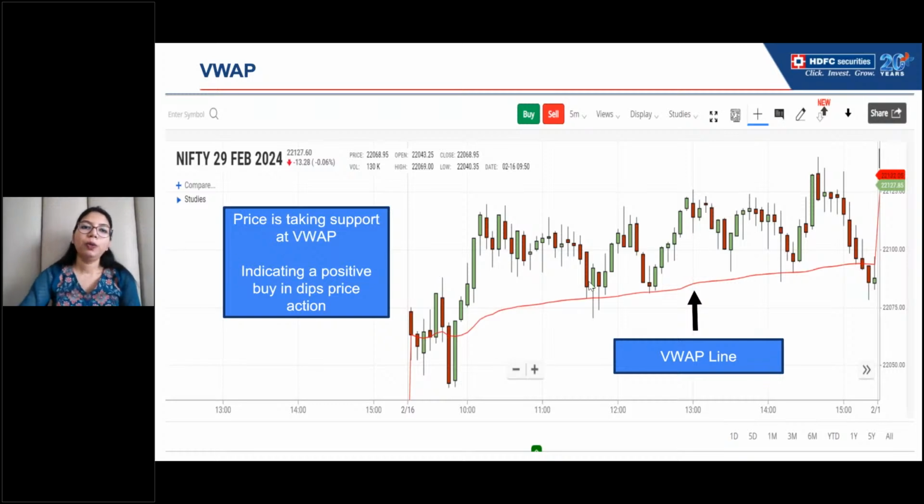ठीक है? So we have seen how to read the volume. We saw how to take the trend confirmation with the help of the volume. We saw how do we find the bullish momentum, how do we find the bearish momentum, how do we find if the price can take the resistance, how the price can take the support, or it can go range bound momentum.